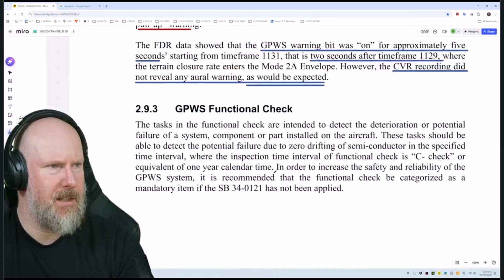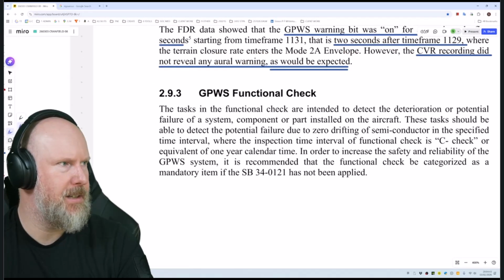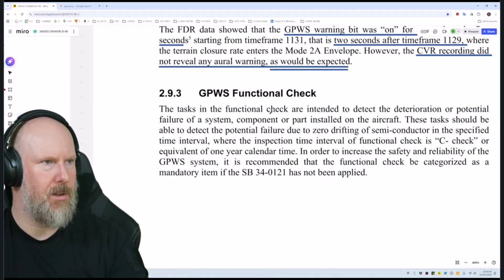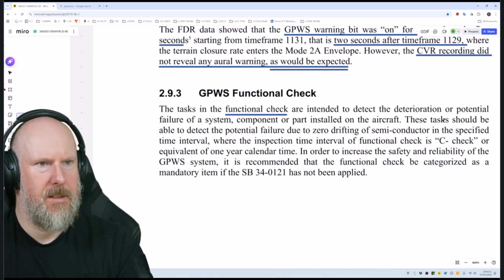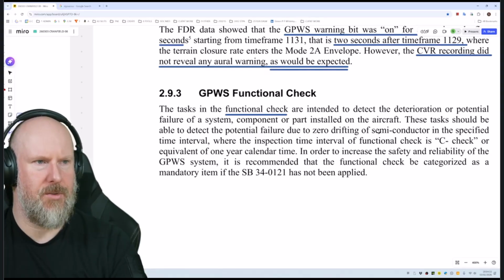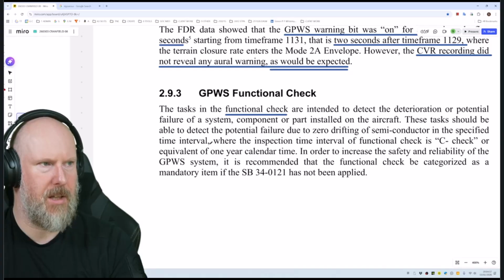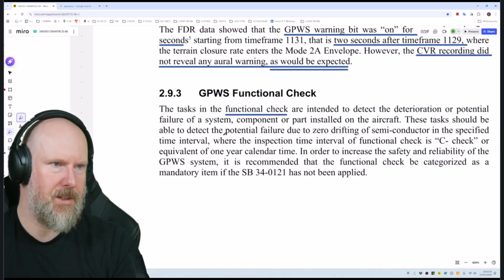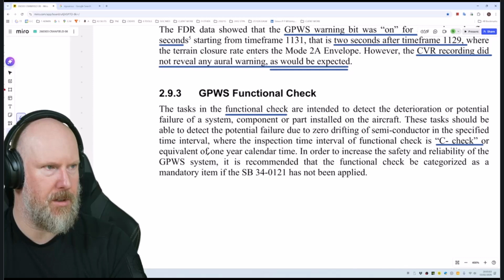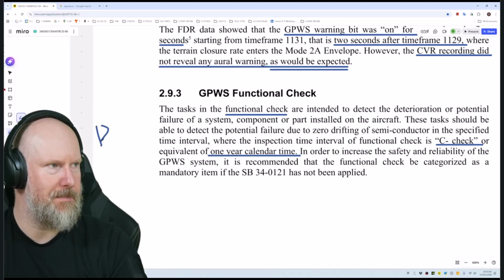The tasks in the functional check are intended to detect the deterioration or potential failure of a system component or part installed on the aircraft. These tasks should be able to detect the potential failure due to zero drifting of semiconductor in the specified time interval, where the inspection time interval of functional check is C-check or equivalent of 1 year calendar time.